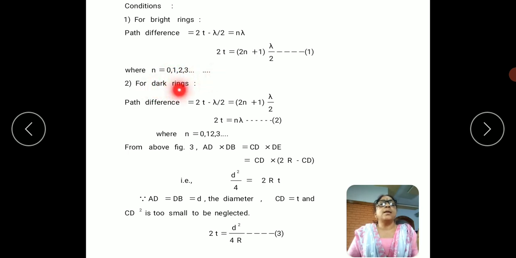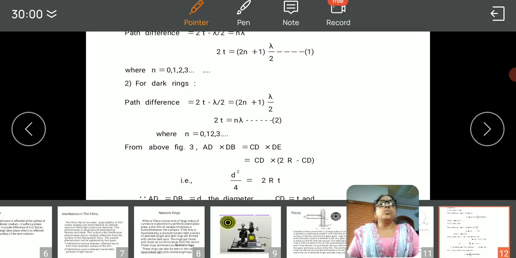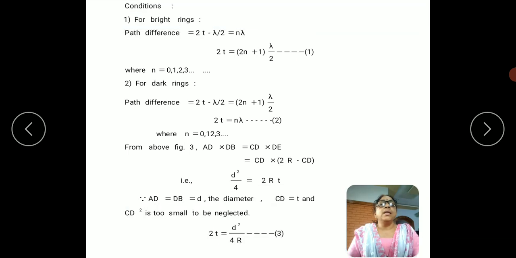Then for a dark ring, the path difference is equal to (2n plus 1) lambda by 2, where the true path difference is 2t minus lambda by 2. So 2t is equal to, we finally get, n lambda. Say this is equation 2, where n equals 0, 1, 2, 3. These are the two conditions for the path differences for dark and bright rings.